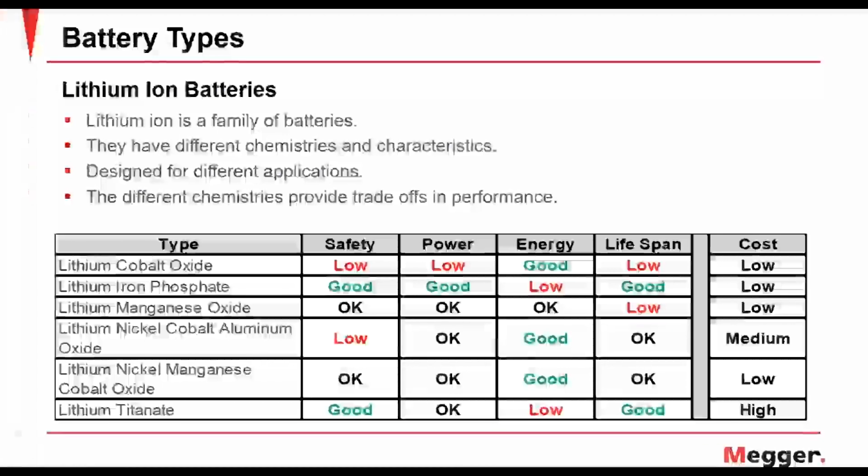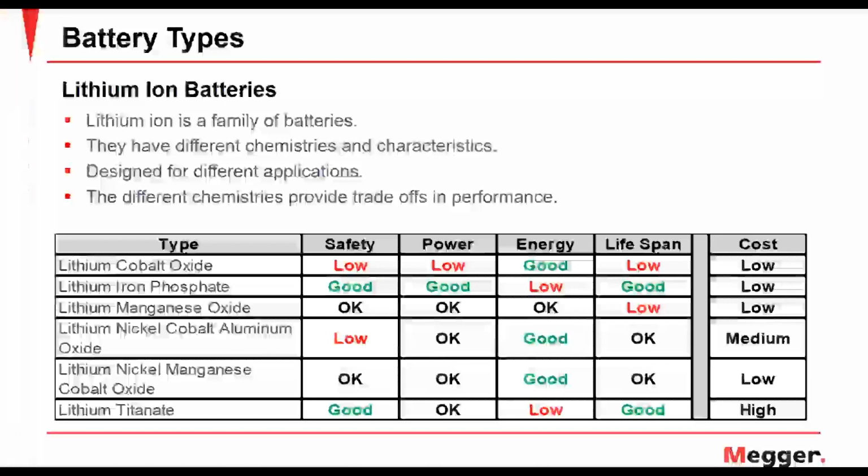Some different applications will have a trade-off. This is a table showing you some types and different chemistry of lithium ion batteries, and some of the trade-offs that they can give you from safety, power, energy, and cost, and also lifespan of each type. So it really depends on the application. You will have a different type of lithium ion battery.